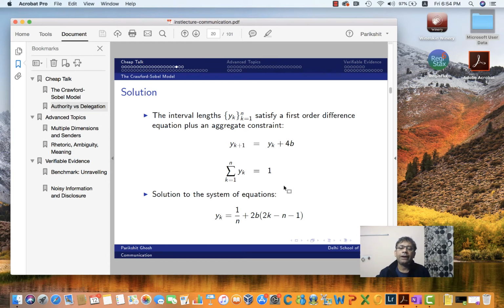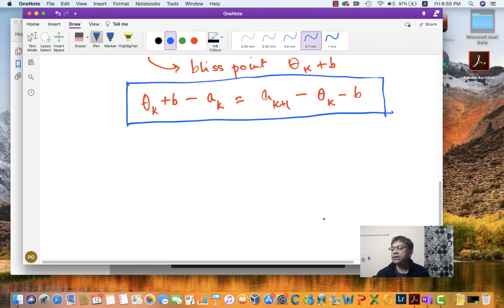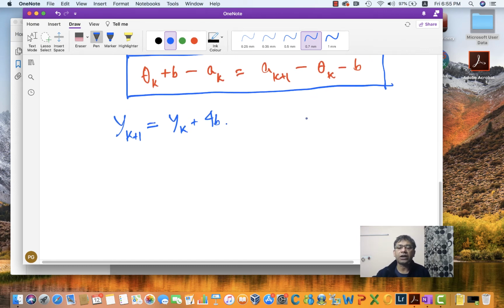Okay, and this sort of thing is easy to solve. So when you solve it, you get this expression. Let me just help you along a little bit in terms of the solution. So here's our difference equation: yk plus 1 equals yk plus 4b. Now, we can express all of these intervals in terms of y1. So let's say the length of the first interval is y1.